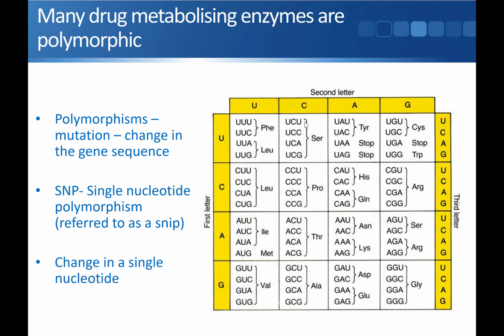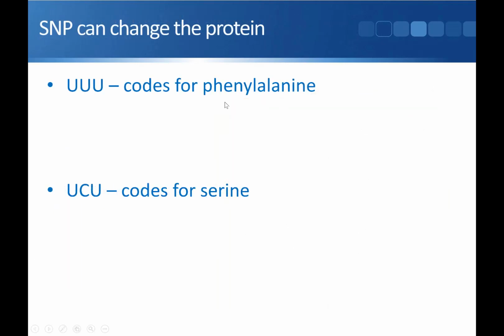So by chance this is possible, but that's quite a profound change, because if the correct triplet code is UUU, which codes for phenylalanine, but UCU is actually read and transcribed into the protein, then you'll get a serine residue instead of a phenylalanine, and these two are very different amino acids.